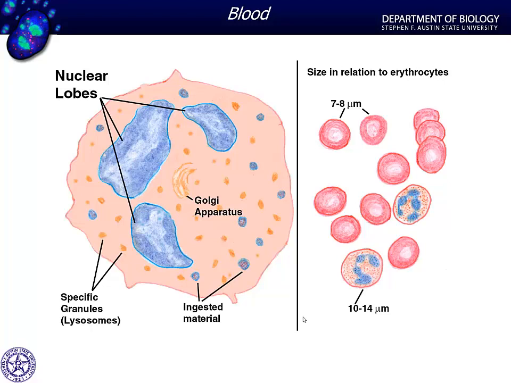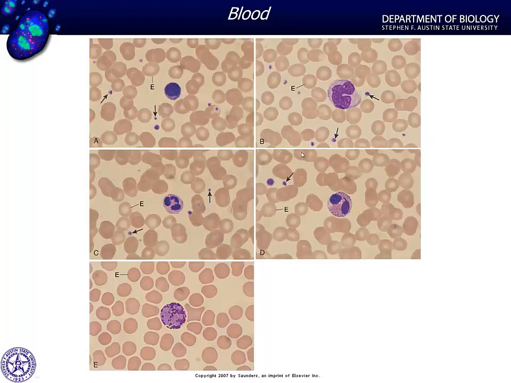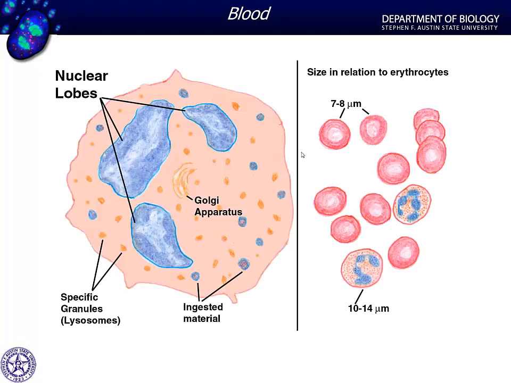And we can see they're somewhat larger than our red blood cell, approximately 8 microns. These are on the order of 10 to 12 microns will be the average range. So slightly larger than we see with our red blood cells.